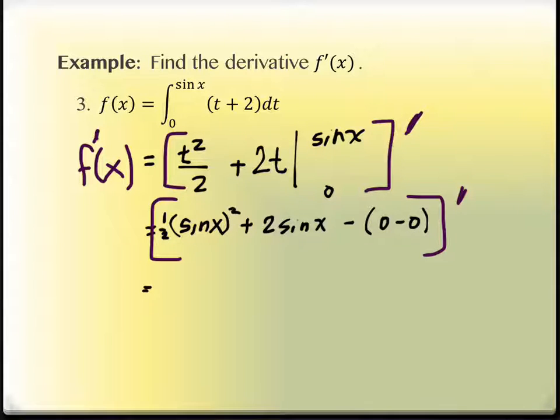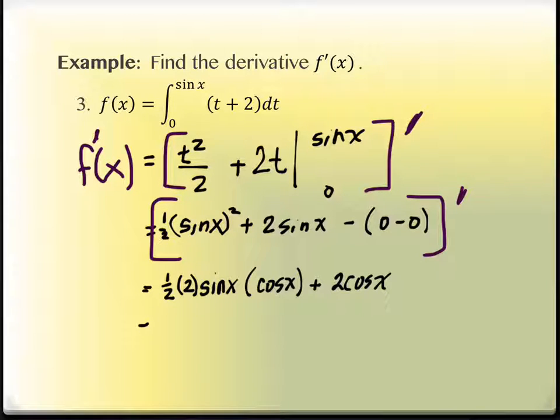That looks like some of the things you guys were doing on your derivative gateways back in the day. The 1/2 stays. The 2 will come down. I rewrite the sine of x to the power 1 less than 2, which would be 1. And then I have to take the derivative of sine, which is, of course, cosine of x. And then I've got the derivative of 2 sine x, which is 2 cosine of x.